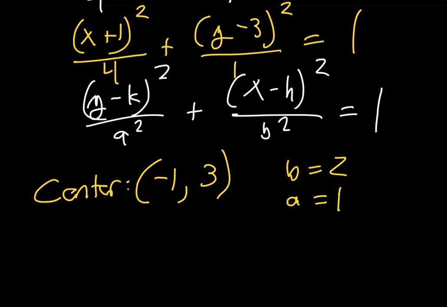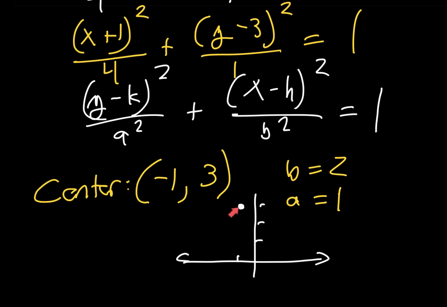And then to graph it, at -1, 3, so if I go like this, -1, up 3, 1, 2, 3, that's the center of my ellipse. The b, or in this case, that's under my x, is 2.